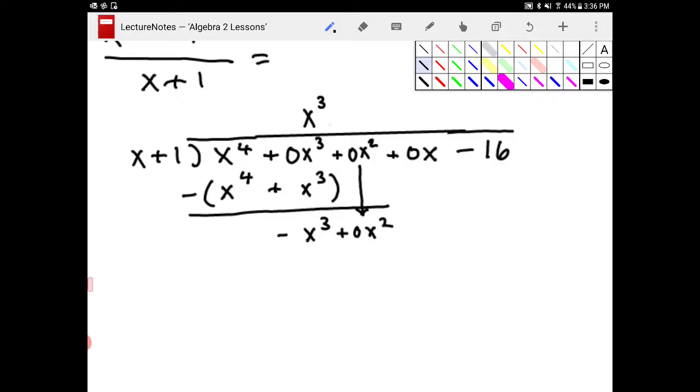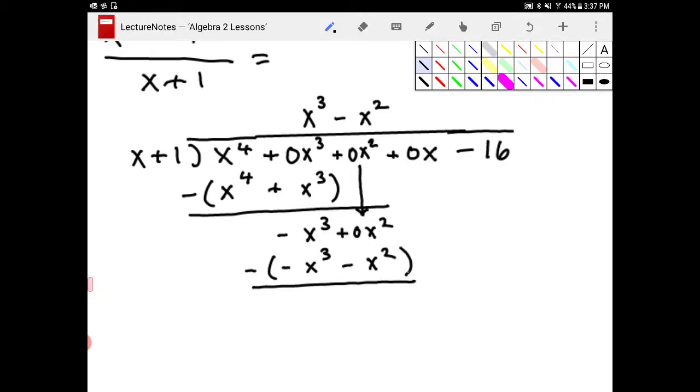I will multiply x plus 1 by negative x squared. So if I do that, I'll end up with negative x squared times x plus 1. That will turn into negative x cubed minus x squared. And again, I am going to perform that subtraction.